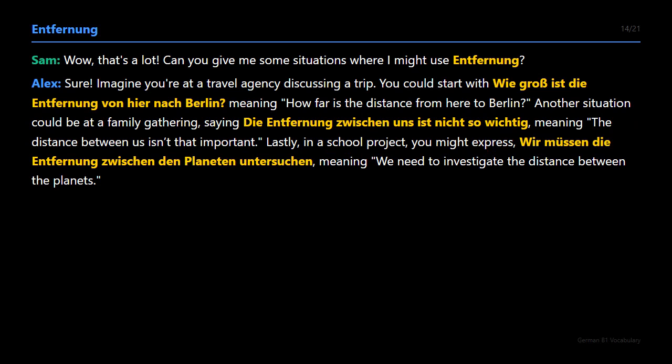Another situation could be at a family gathering, saying, Die Entfernung zwischen uns ist nicht so wichtig, meaning the distance between us isn't that important. Lastly, in a school project, you might express, Wir müssen die Entfernung zwischen den Planeten untersuchen, meaning we need to investigate the distance between the planets.